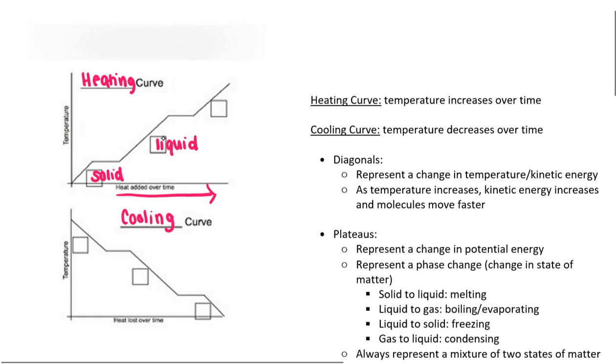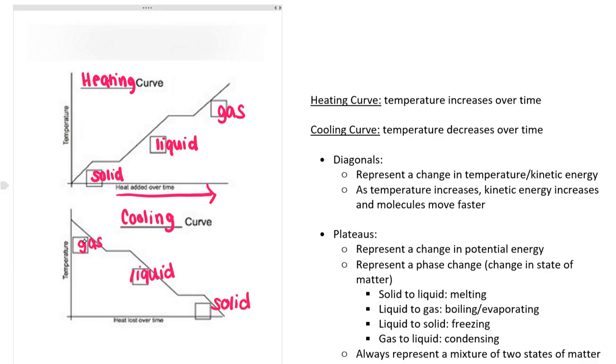And if we continue heating, that liquid becomes a gas. The cooling curve is going to be just the opposite. Up at the highest temperature, our substance is going to be a gas. That gas can cool down into a liquid. And then finally, that liquid can cool and become a solid.